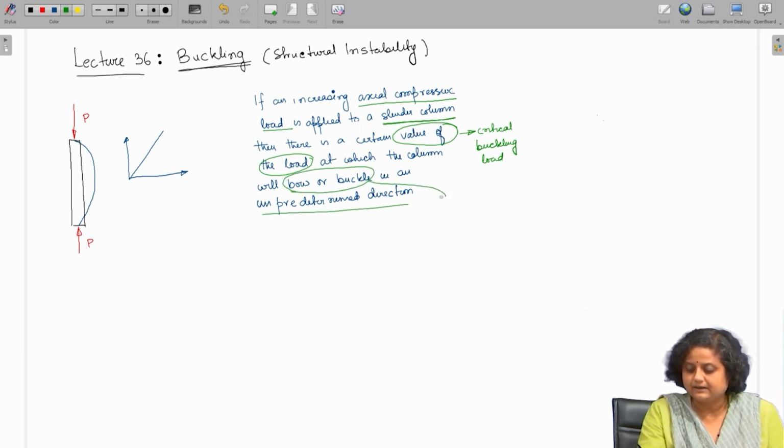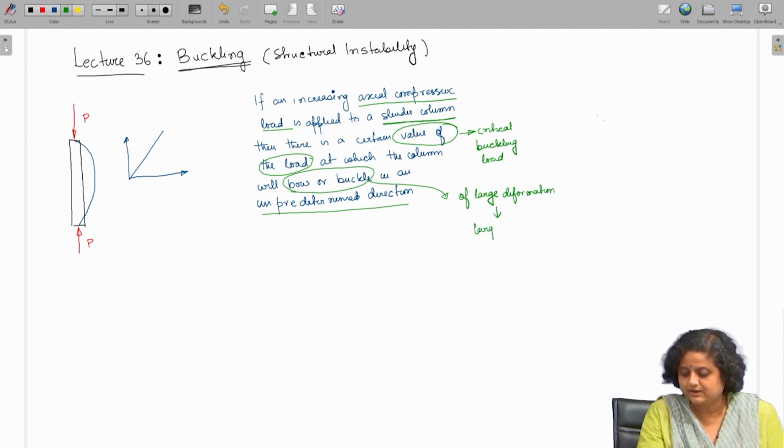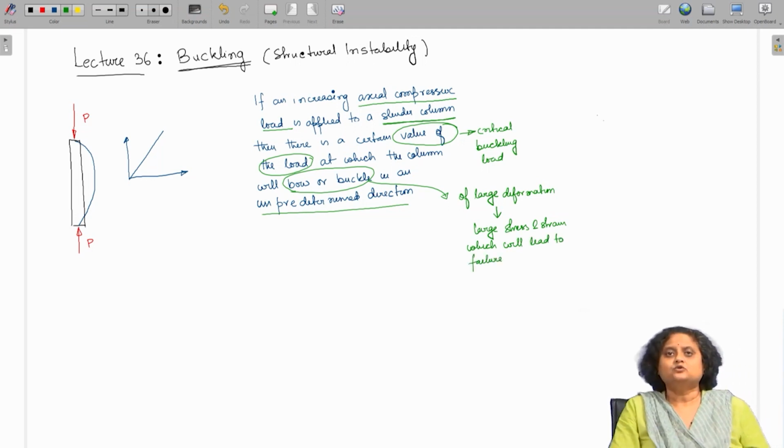This buckling will be of large deformation, which will eventually give rise to large stress and strain, and that will lead to failure.